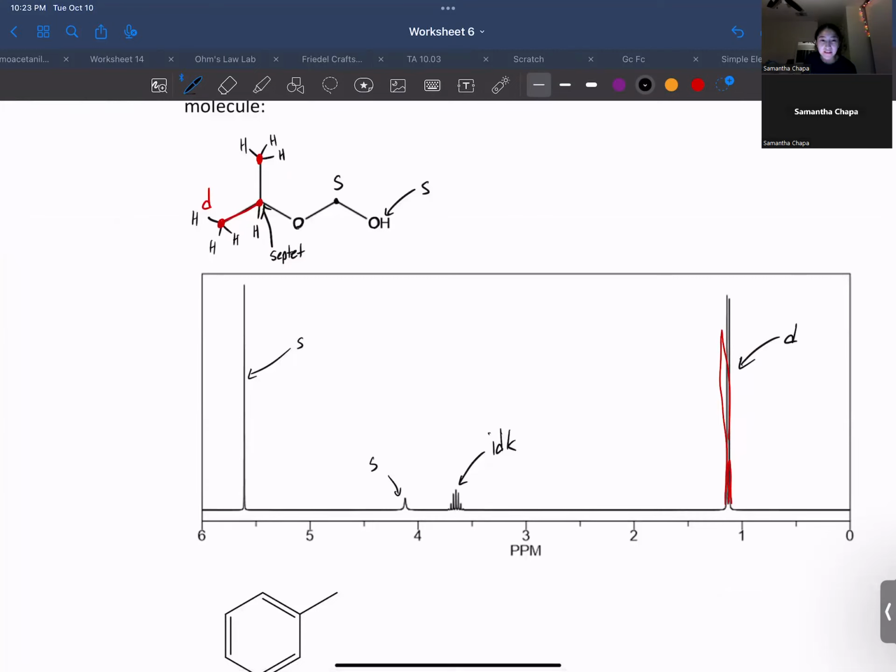After all of that, we just get to match. So, you can match however you want. This is our only doublet that we have. The septet is probably the one that we said we didn't know at first. And then you're between 2 singlets, and these singlets are really hard to differentiate between.